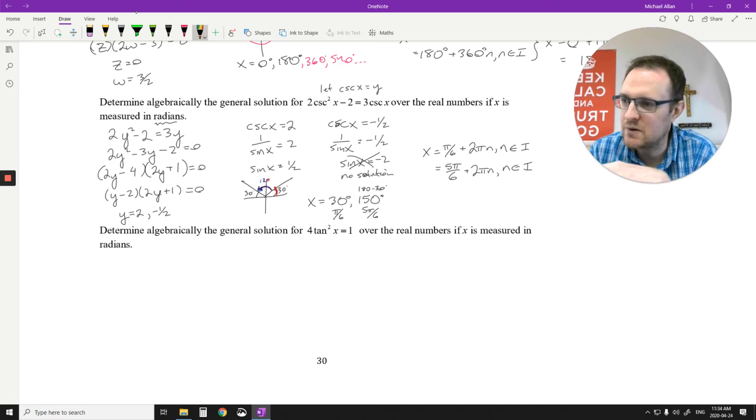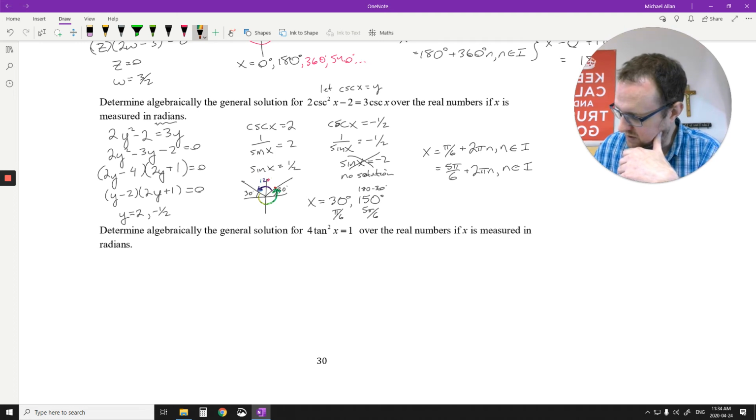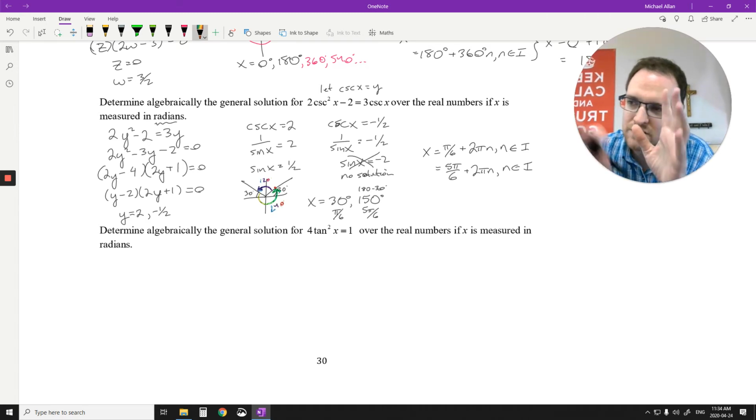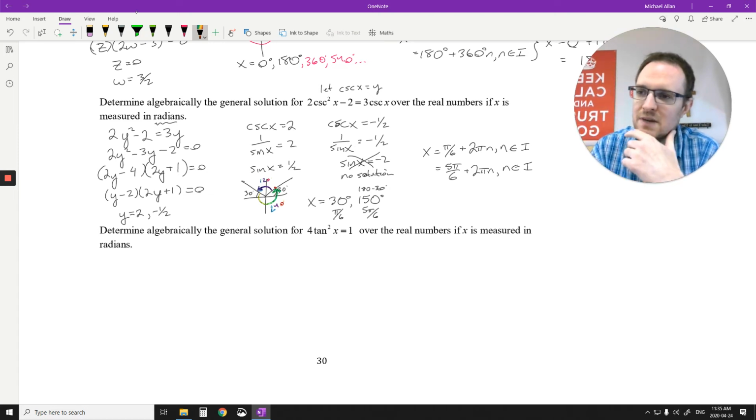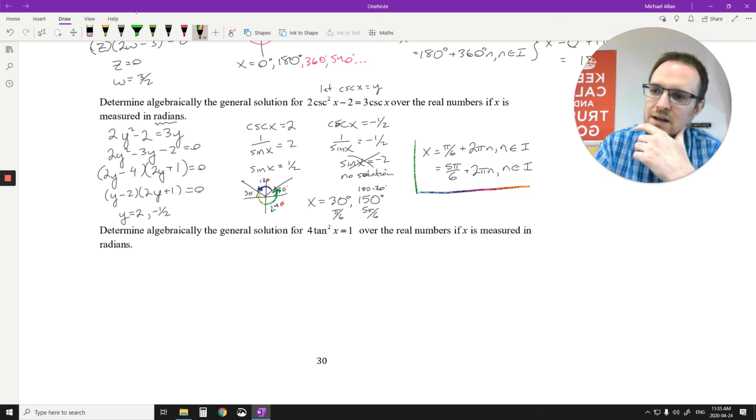If I add 120, do I go back to the one that was over here? No, this over here on that side is a lot bigger than 120. It's actually 240. So there's no pattern between the two. It goes 120, 240, 120, 240. Well, that's a pattern, but it's not a consistent number. So this is my solution here. There's no way to condense these down into one thing.